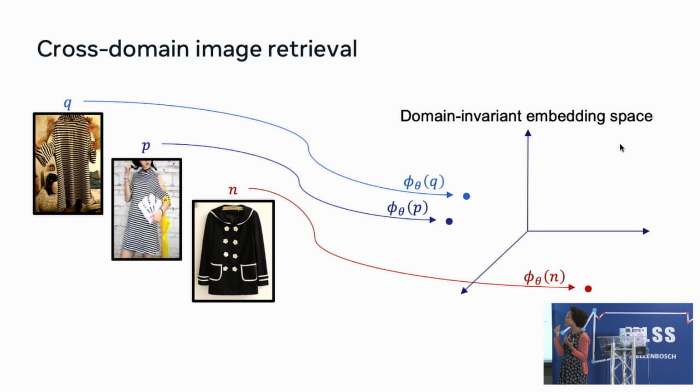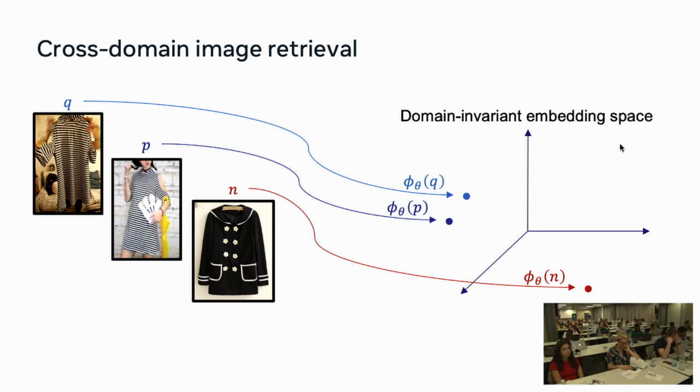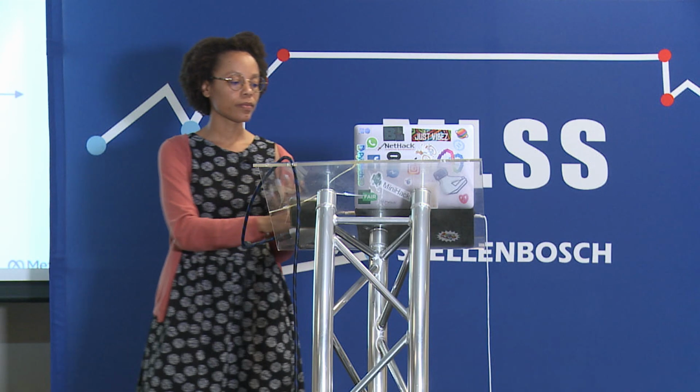It gets a query image, an image that's relevant, and an image that's not relevant. If I embed all three of them, in the resulting embedding space the two similar images should be close together, so they should have a high similarity or a low distance, and both of them should be far from the non-relevant image, right? So that's what we're going to try to do.